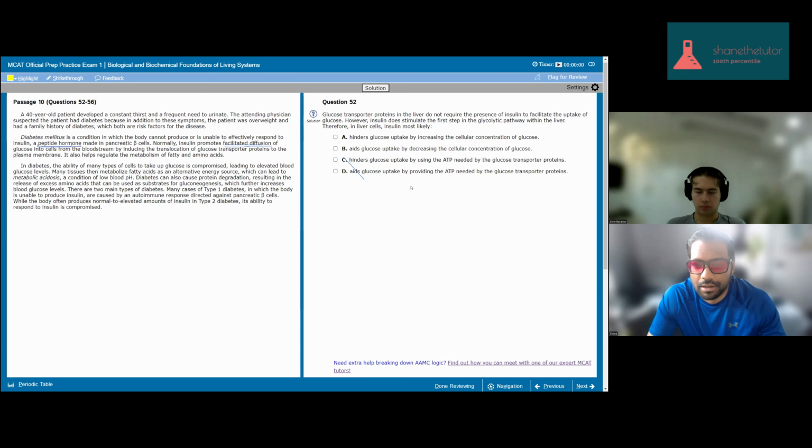So, what are your thoughts here? They say insulin is not used to facilitate the uptake of glucose.